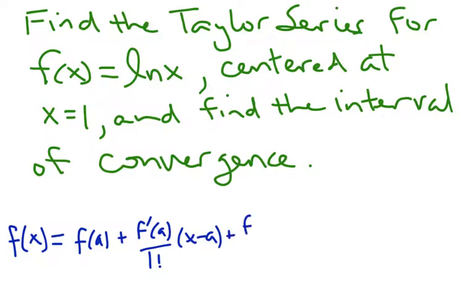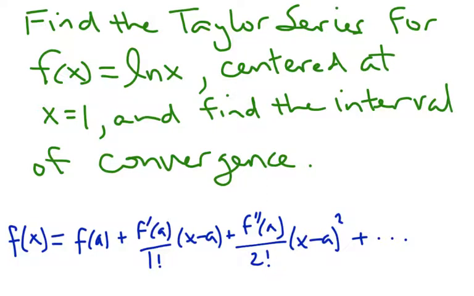And then we'll have f double prime of a over 2 factorial times x minus a to the second power. And then that's going to continue, and since I've got limited screen space here, I'll just put plus dot dot dot. Every coefficient is the nth derivative of f at the center divided by n factorial, times x minus a to the nth power.